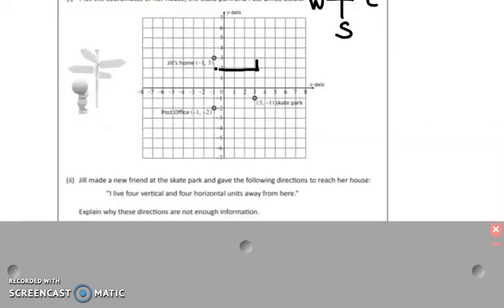So tell me, if you were her friend and you were trying to find her house, would you be able to find her house if she said, I live 4 vertical and 4 horizontal units away from here? We're looking for why that would not work. And then the second question is, what directions should Jill give to make it more accurate? You're going to tell me why it doesn't work, and then you're going to say what would have been good instructions.